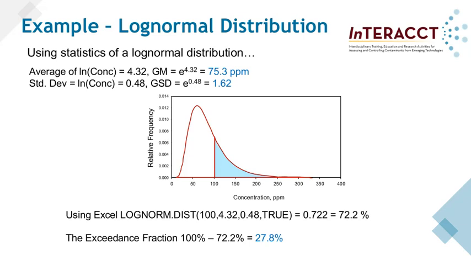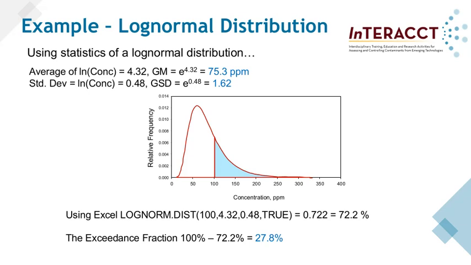1.62. And just as before, when the NORM.DIST function was used, we can now use the LOGNORM.DIST function by first entering the value up to which we want the area under the curve, which is our limit of 100 parts per million, and entering the average and standard deviation of the logged values, which, as you can see, results in 72.2%.